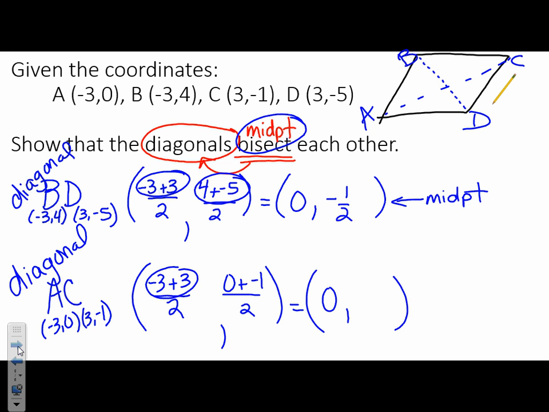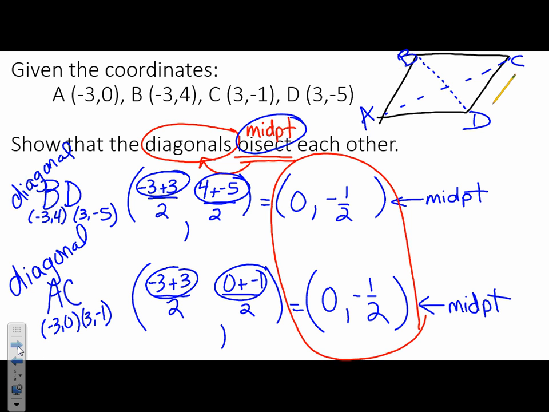This is negative 1 divided by 2. So what we have just shown is the midpoint from A to C. Now look at that, they match. They're in the same spot. That means they meet at their midpoint. We have shown that the diagonals will, in fact, bisect each other.